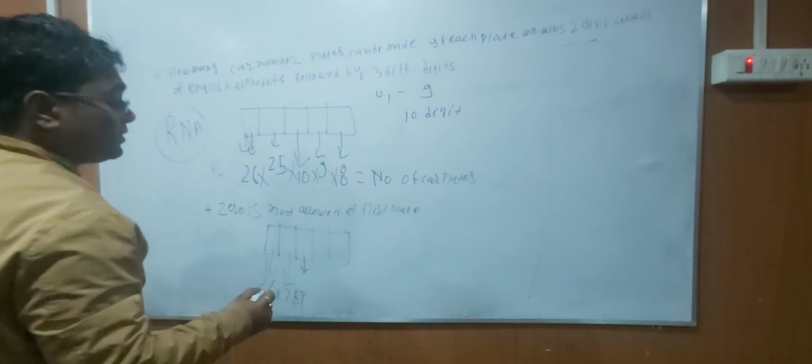This is the first place. But now how many digits are left? If 1 is used, then 8, excluding 0, and here 0 can come because this is not the first place, this is the second place. So this is also 8, 1, 9 and then 8. Okay. This is the total number of ways. Next question.